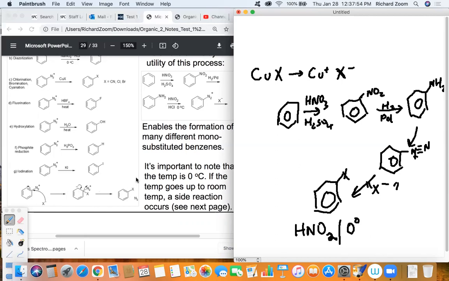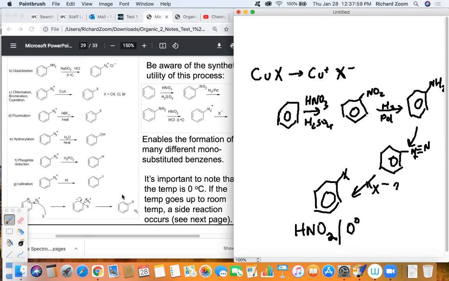Now, this is not a reaction that occurs easily with most other things, but because we're forming a very stable leaving group, which is N2 gas, and that N2 gas can't be brought back in, it leaves the reaction mixture as gas. So it's not like this can be reversed once it happens. That's why it's a fairly favorable process, at least if we're using this kind of diazonium salt system.